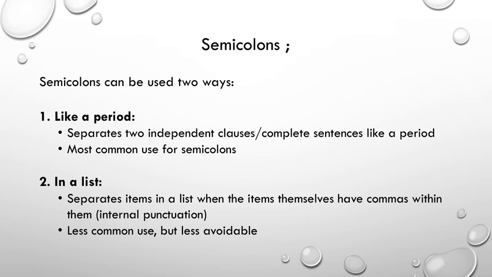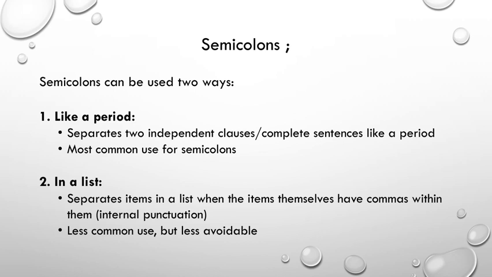And then the second way that you can use a semicolon is in a list. That is if you're separating items in a list that has three or more items, and at least one of the items in the list already has a comma within it, then you need to change the commas separating the items to semicolons so that it's clear where items end on the list versus commas separating information within items.